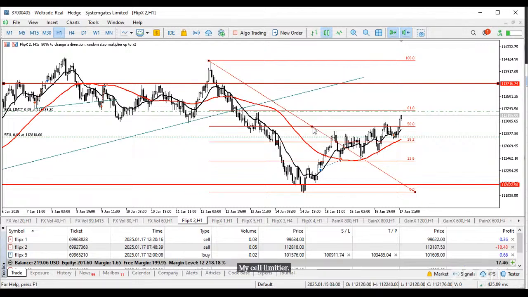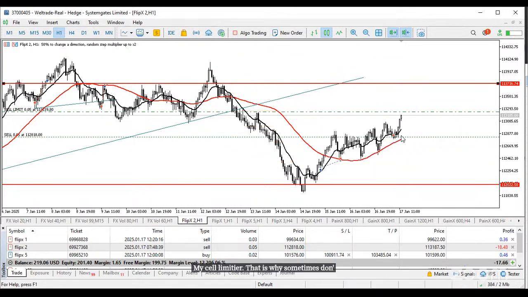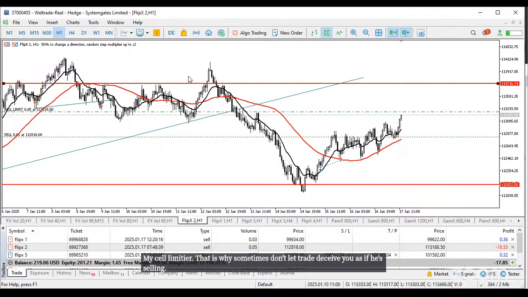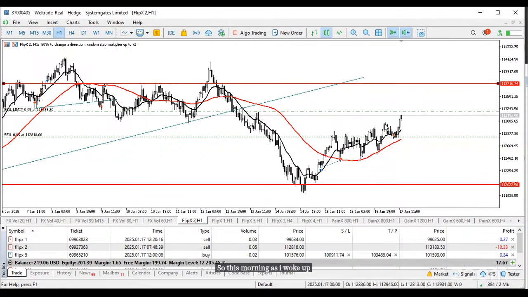That is why sometimes, don't let a trade deceive you as if it's selling. This morning as I woke up, I discovered that this is selling. I didn't want to, see now, fear to miss. Sometimes fear to miss may become an injury. So out of fear to miss out, I quickly entered another trade there, and that's why it's giving me drawdown.